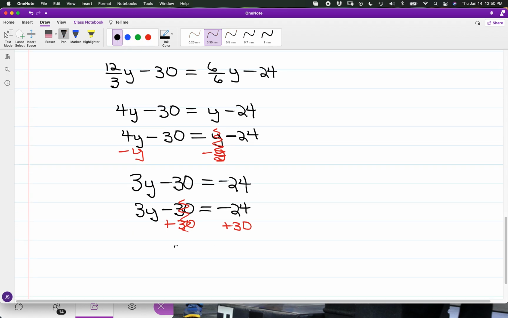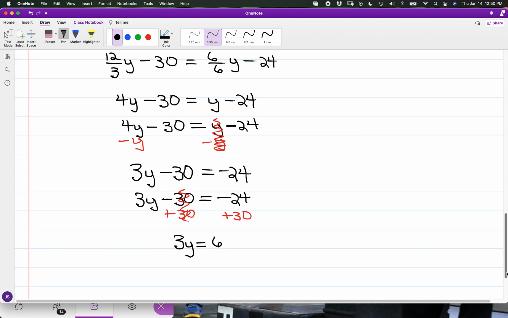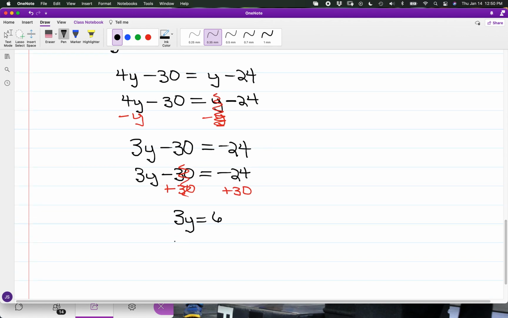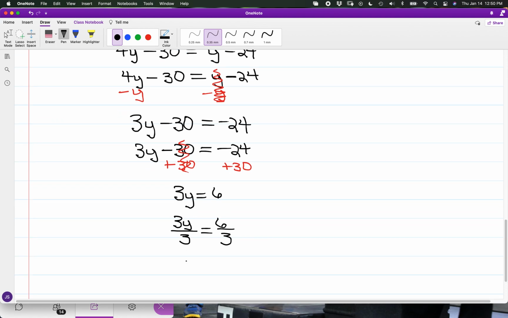Whereupon we have 3y is equal to negative 24 plus 30, which will be 6. The first step is adding 30. The second step is undoing the multiplication by the coefficient 3 upon dividing both sides by 3. It follows that for the missing value, y is going to be 6/3, which is equal to 2.